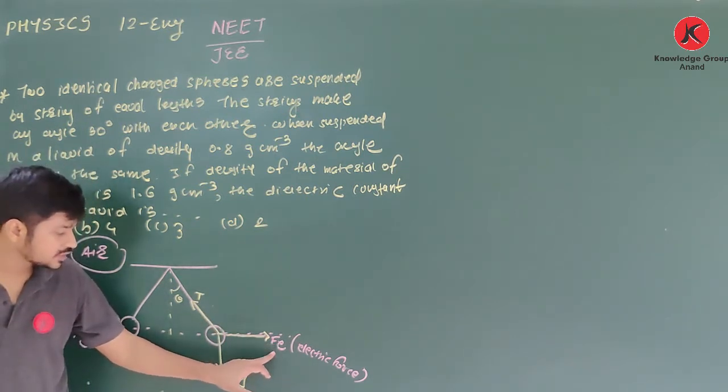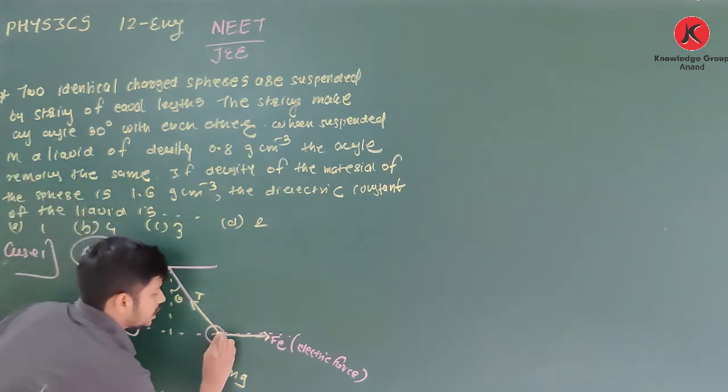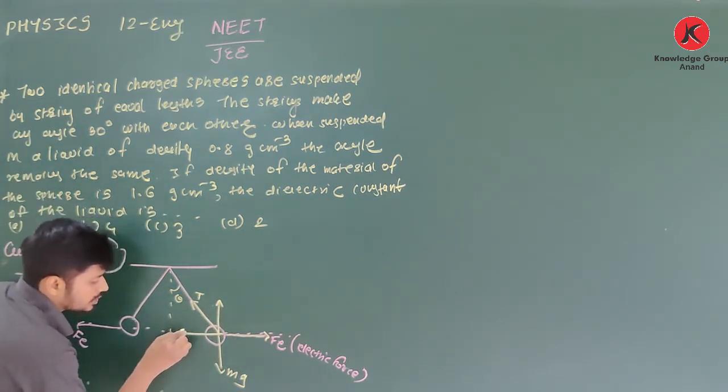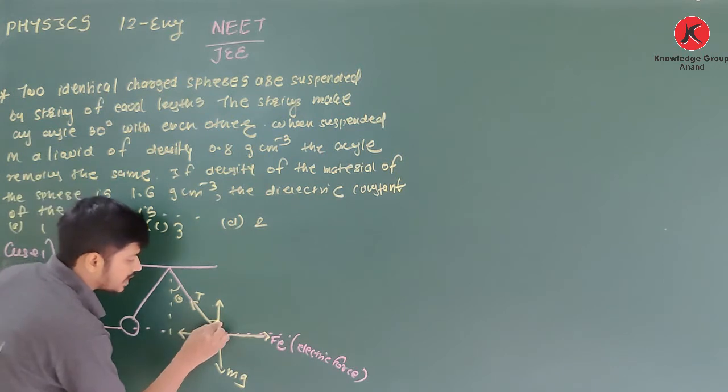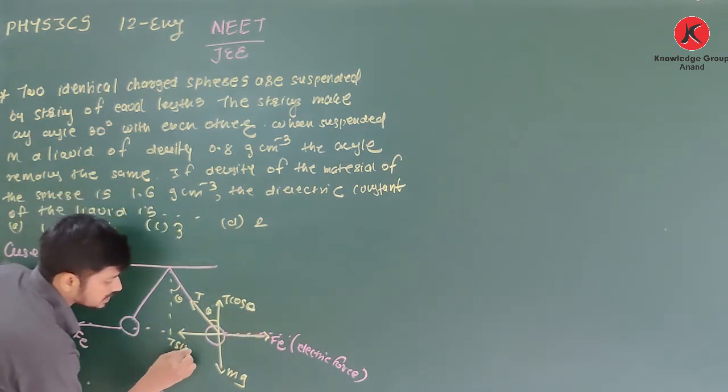Out of these three forces, Fe and mg are in the horizontal and vertical directions, so we have to resolve T into two components. If this angle is theta, this angle is also theta, so it becomes T cos theta and T sin theta.